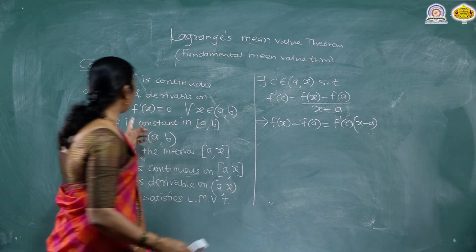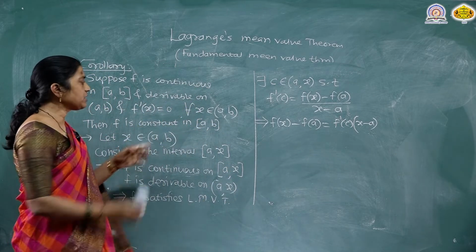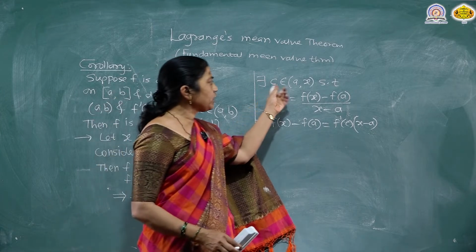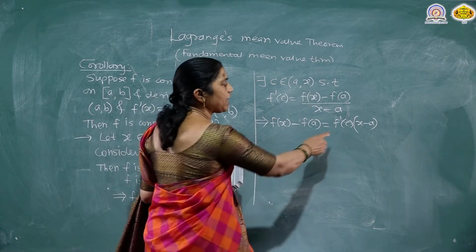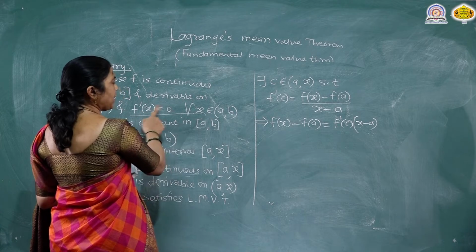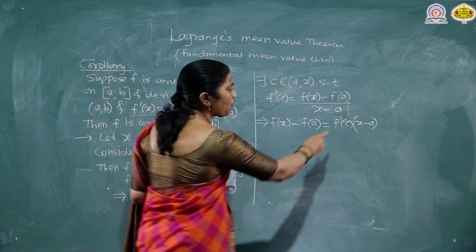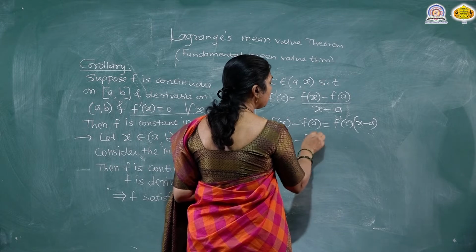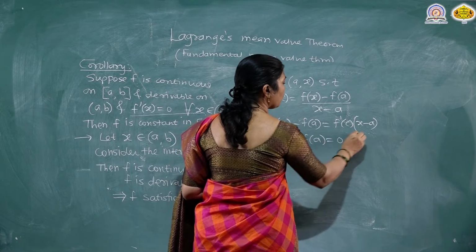But see what is given to us. It is given that f'(x) is 0 for all x in (a, b). Since c belongs to the interval, this means that f'(c) is also 0. So from the given condition that f'(x) is 0 for every x, we have f'(c) is equal to 0, and therefore we have f(x) minus f(a) is equal to 0.